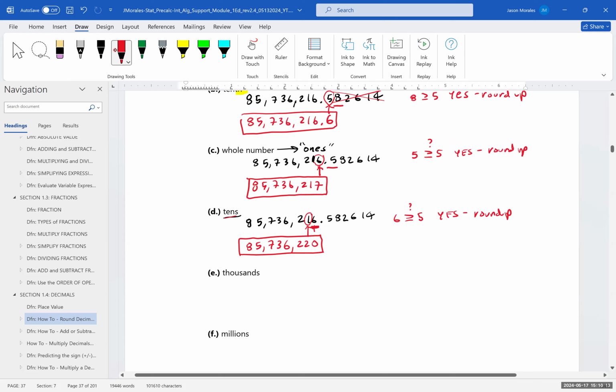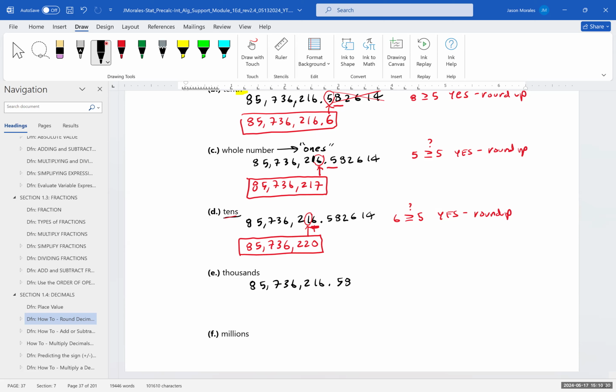All right. Now we'll round that number to the thousands place. 85,736,216 and 582,614 millionths. Okay, so let's round it to the thousands place. So we've got ones, tens, hundreds, thousands.